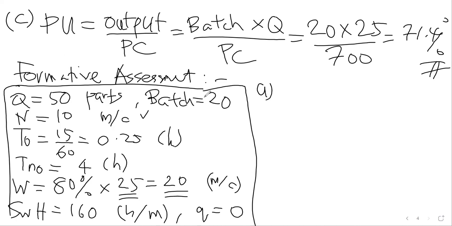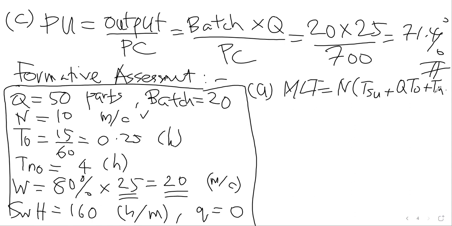MLT equals N multiplied by TSU plus quantity times T operation plus T non-operation. All right.